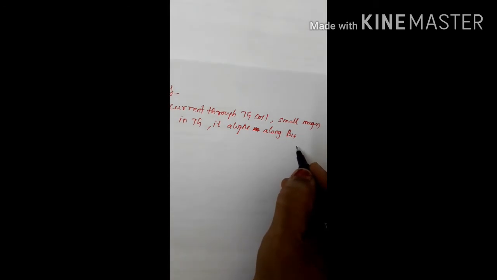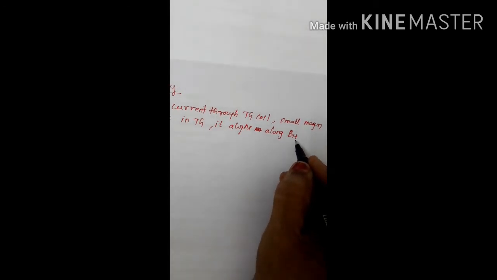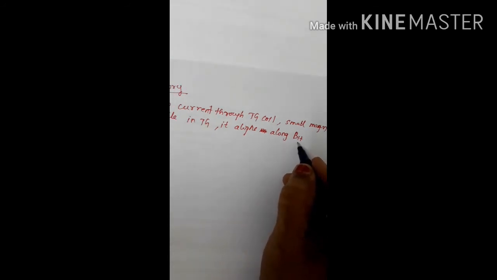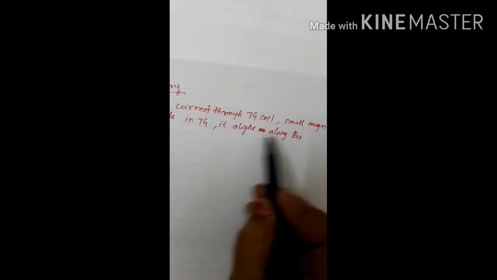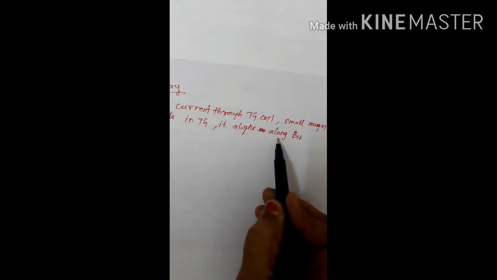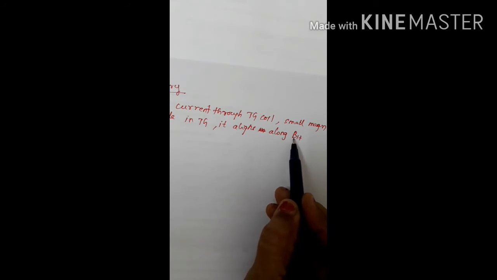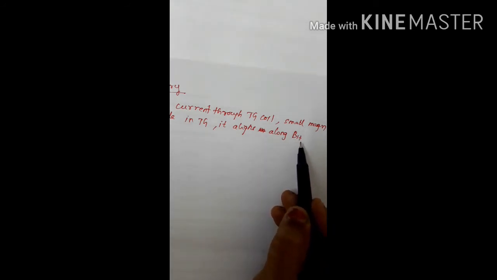This horizontal component, already I told you, is along the magnetic meridian. You need not worry about what a magnetic meridian is; that is the line joining the north and south pole. If you keep the TG coil along the north-south direction, that will be the direction of BH. So when no current is passed through the TG coil, the magnetic needle aligns along BH, the horizontal component of Earth's magnetic field.